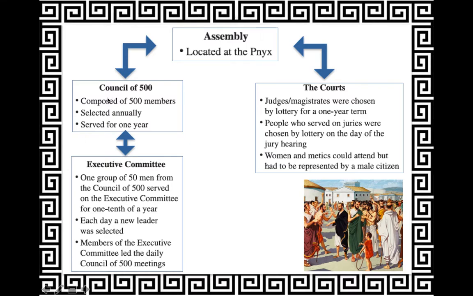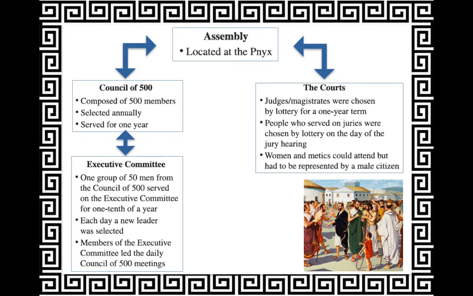Now, to go with the assembly, we have the Council of 500, or also what we call the Boule. And that is composed of 500 members, which are selected annually. That means every year there is a new selection of 500 members. And they get chosen out of the pool of citizens that also serve in the assembly.